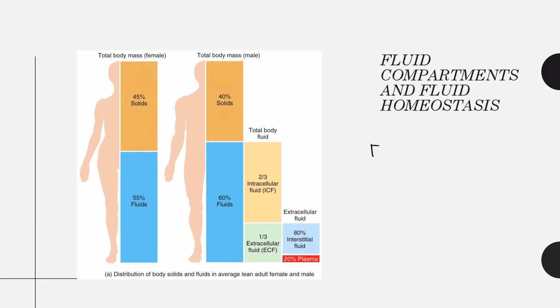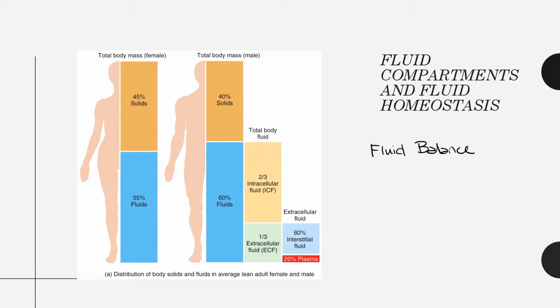So the body is in fluid balance when the required amounts of water and solutes are present, and they're correctly proportioned among the various compartments. Now, water is by far the largest single component of the body. It makes up between 45 and 75% of total body mass, depending on age and gender.